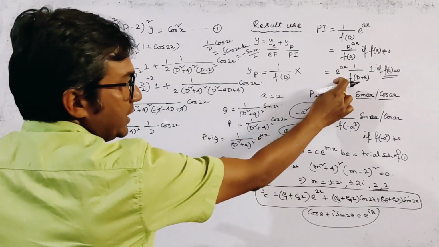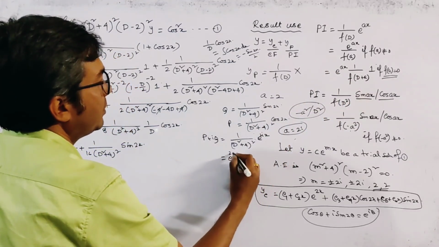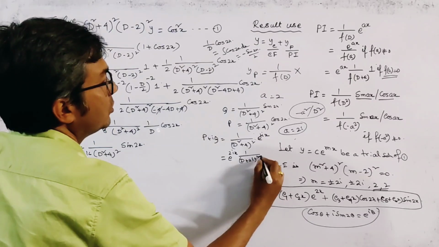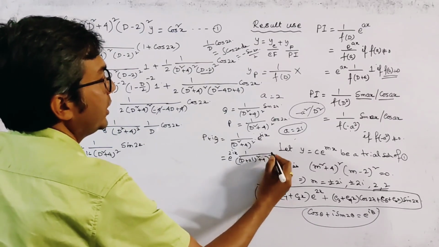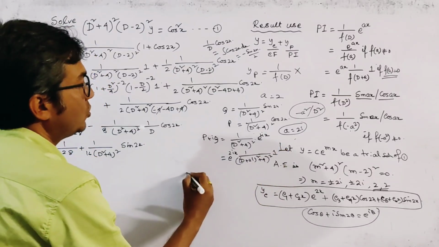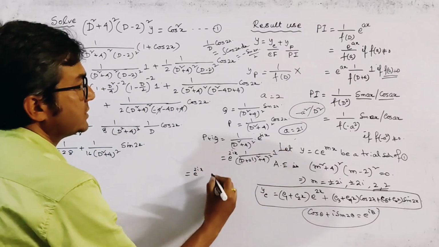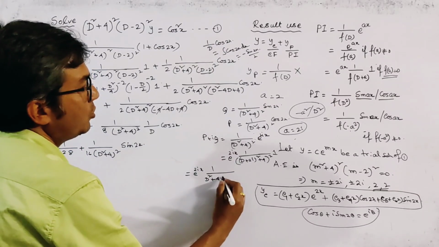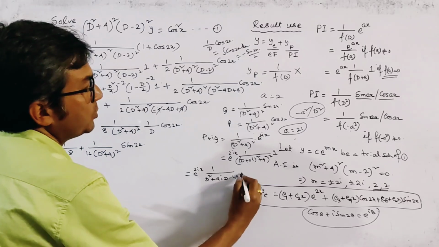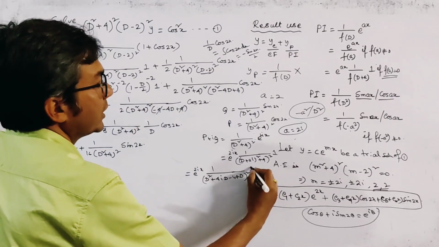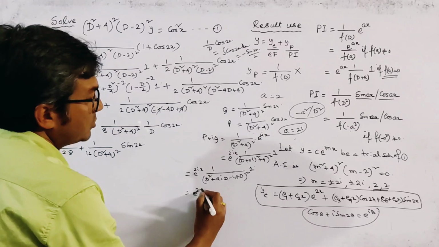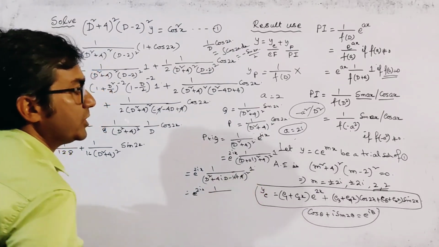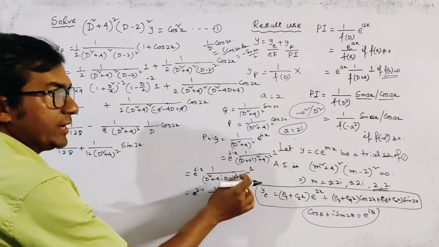So here we apply the second part, this is given by e to the power 2ix into 1 by d plus 2i whole square plus 4, and this square and 1 becomes there. So we get e to the power 2ix into 1 by, expanding, d square plus 4id minus 4 plus 4 whole square 1, and getting the result e to the power 2ix 1 by, this is 4 minus 4 plus 4 cancel out, and we take common 4id from here.